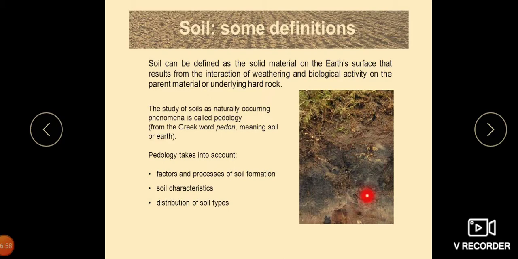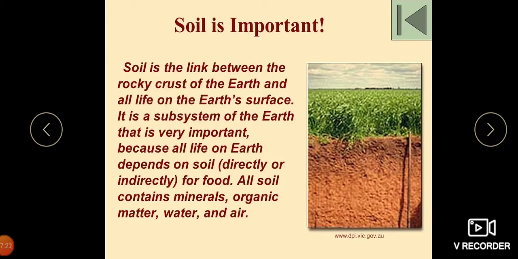The study of soils as naturally occurring phenomena is called pedology, from the Greek word pedon meaning soil or earth. Pedology takes into account factors and processes of soil formation, soil characteristics, and distribution of soil types.